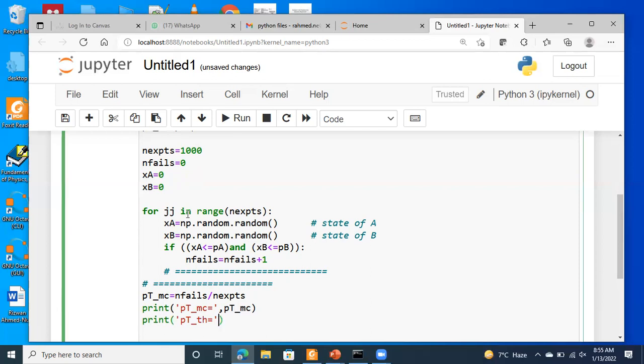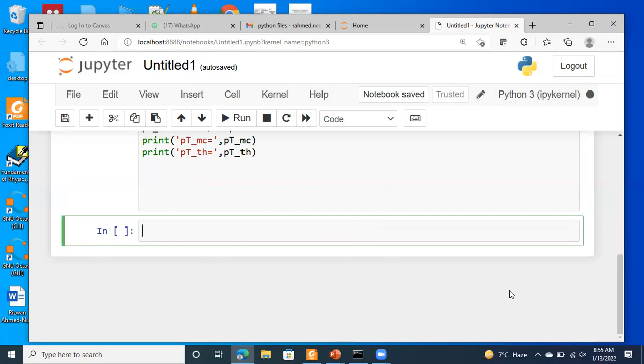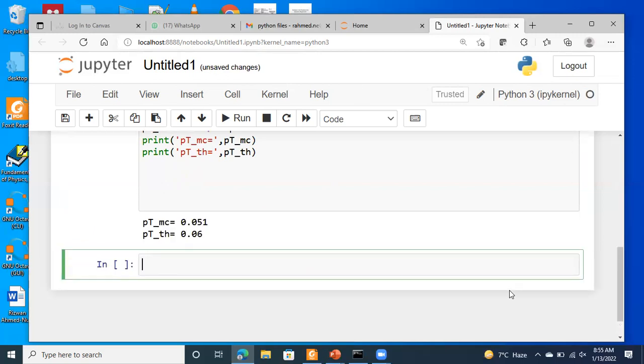Theoretical value is equal to, well, we already computed that. So that's it. Performing the experiments in this fashion. Import of library. With 1,000 experiments, Monte Carlo probability is close.